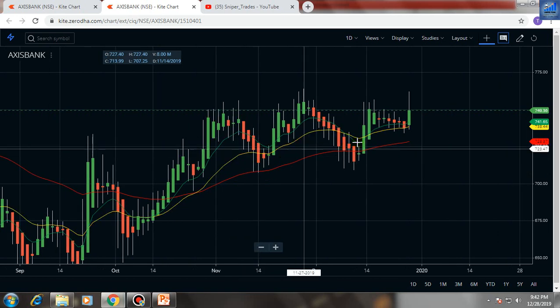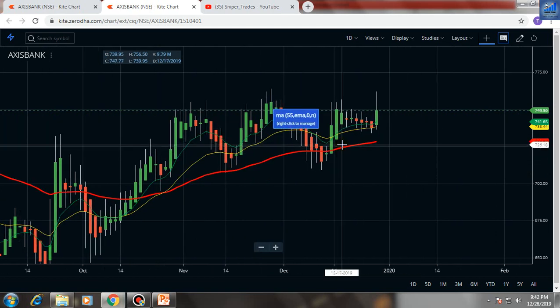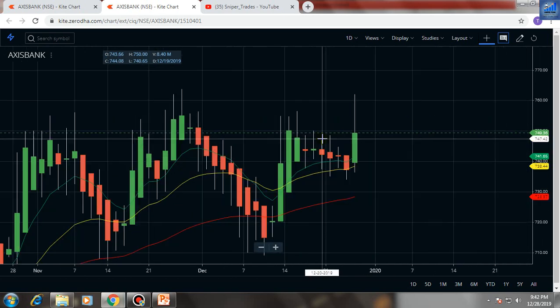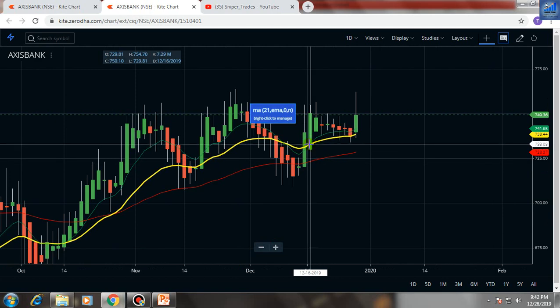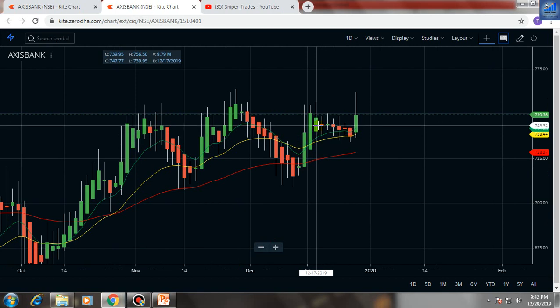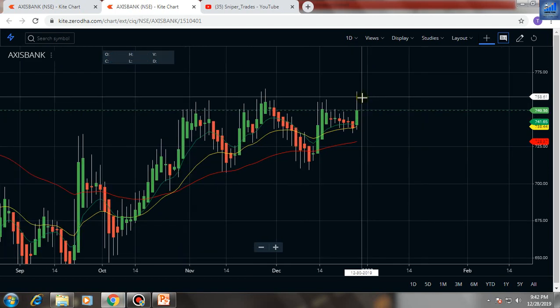He can consider taking a position here because the long term trend is still in bullish direction and the short term trend has returned to bullish direction at this point. So a trader can consider going long at this point. This Axis Bank share is probably going to go upward again.